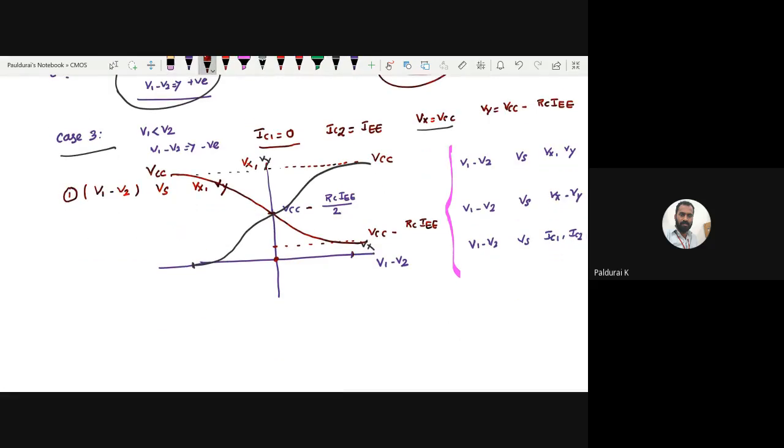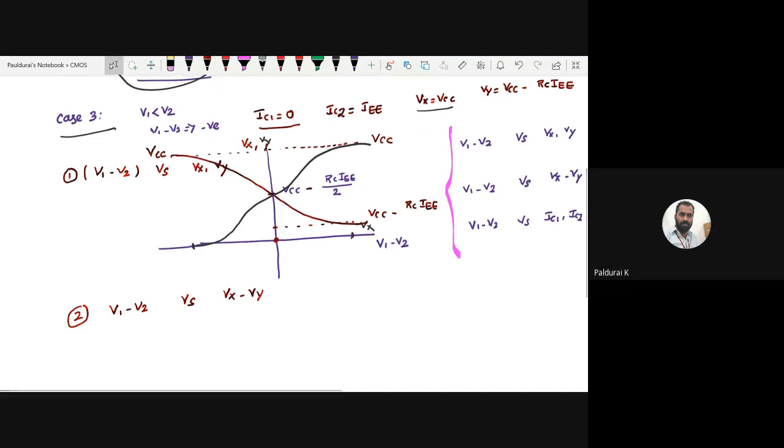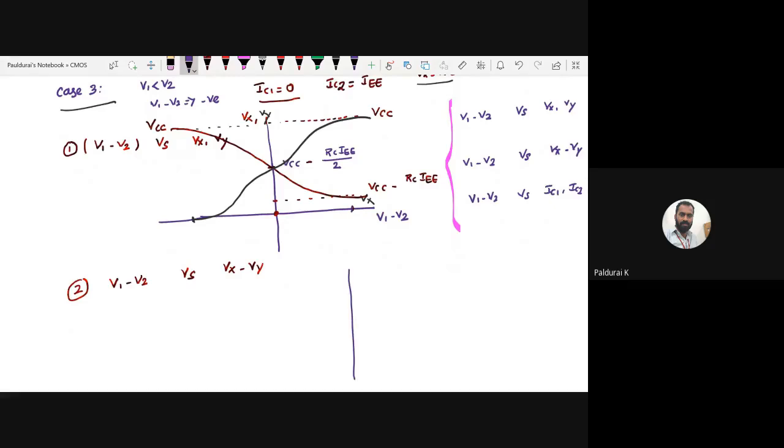Second one, this time V1 minus V2 versus Vx minus Vy, the differential output voltage versus the differential input voltage, right? It's very simple once the above one is understood. This is V1 minus V2, this is Vx minus Vy.